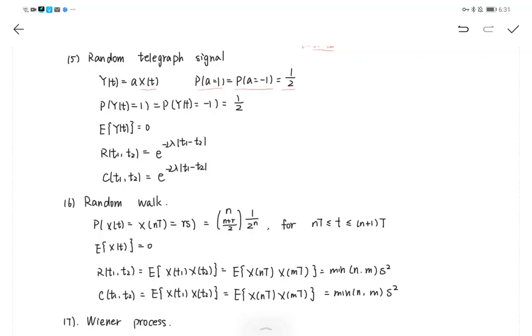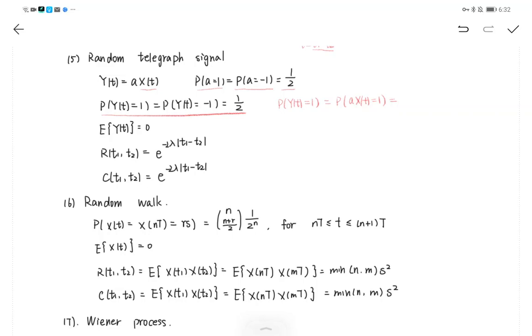So we can find the first order probability masses of Y(t). And it is very easy to prove. We can find the probability of Y(t) equals 1 equals the probability of A X(t) equals 1.